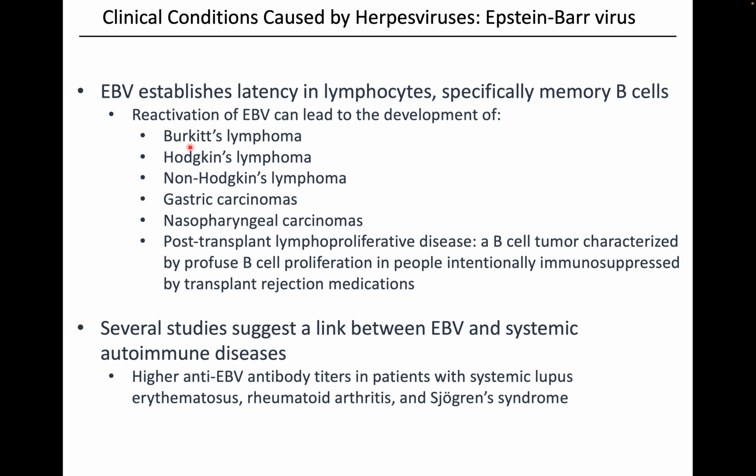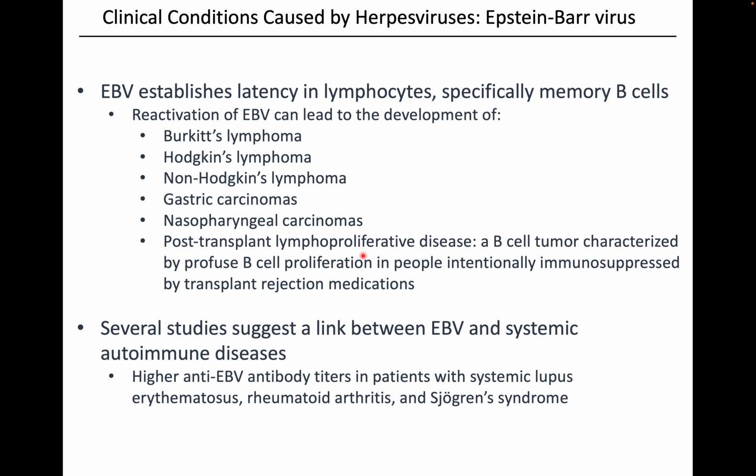This was initially identified because of its link to Burkitt's lymphoma in Africa, where you would have some immunosuppression in kids associated with malaria, and it would then lead to this kind of rare lymphoma, but also it's linked to Hodgkin's and non-Hodgkin's lymphoma. So pretty significant in the cancer world as well.